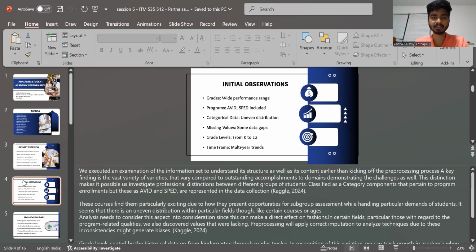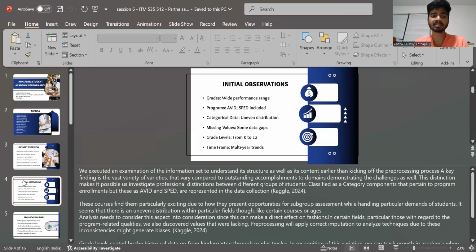So, initial observations. We conducted an examination of the dataset to understand its structure as well as its content earlier than kicking off the pre-processing process. A key finding is the vast variety of values, ranging from outstanding accomplishments to domains demonstrating challenges as well.